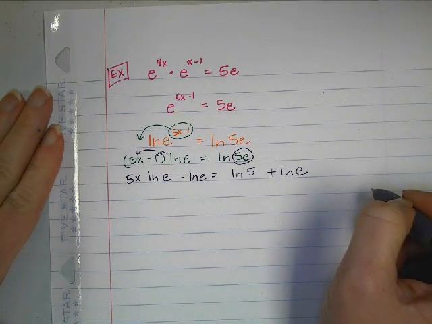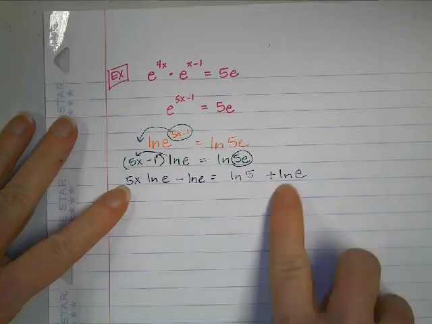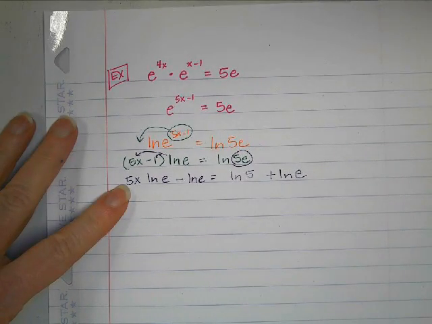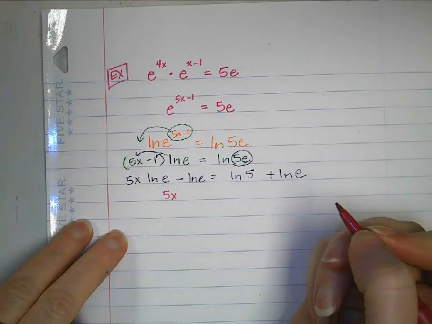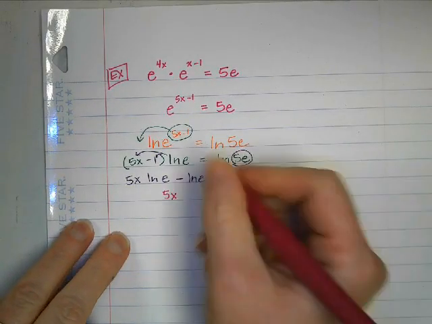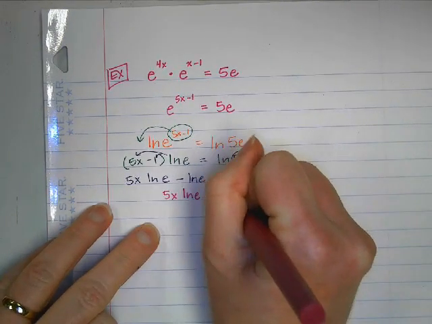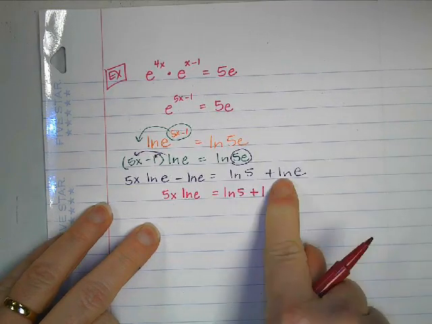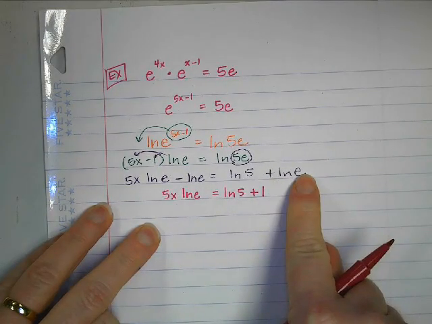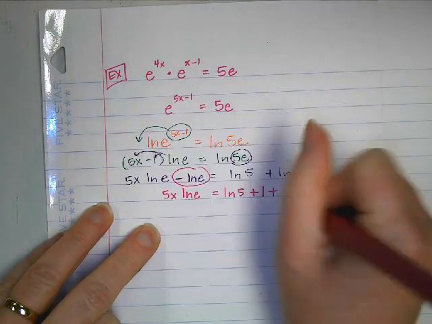Now I need to get, oh, my x is already by itself. So I just need to move everything to the other side. Can we change natural log e to 1? Yeah. So 5x equals natural log 5 plus 1, because natural log of e is 1, plus 1, because that's 1 also.